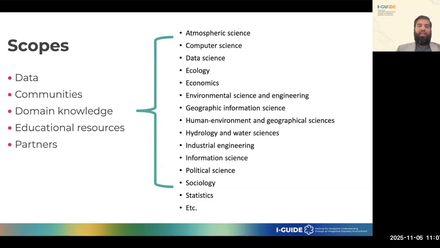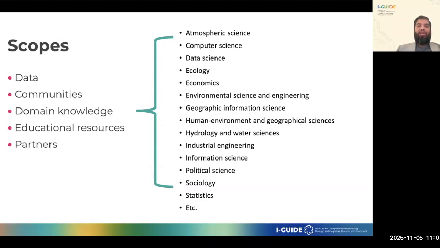The point of the iGuide platform is to have a single place, or as I would like to say, everything geospatial in one place. So for data, communities, domain knowledge, education resources, and partners across these domains.